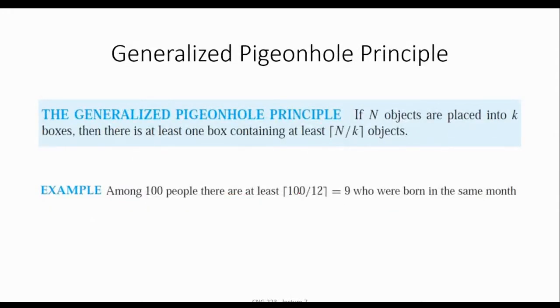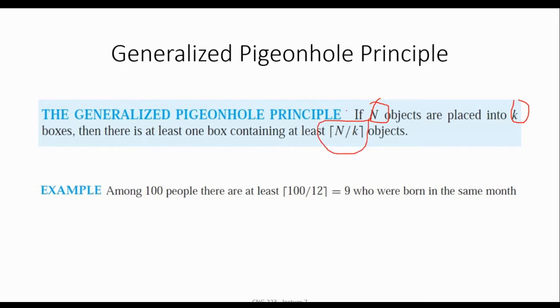If you want to generalize the pigeonhole principle, we can mention this one, which is very useful to solve many problems. If n objects are placed into k boxes, so far this is the same case, then there is at least one box containing at least the ceiling of n over k objects.